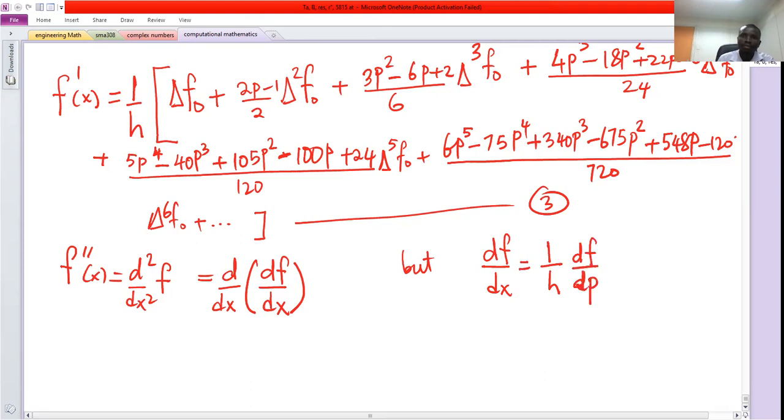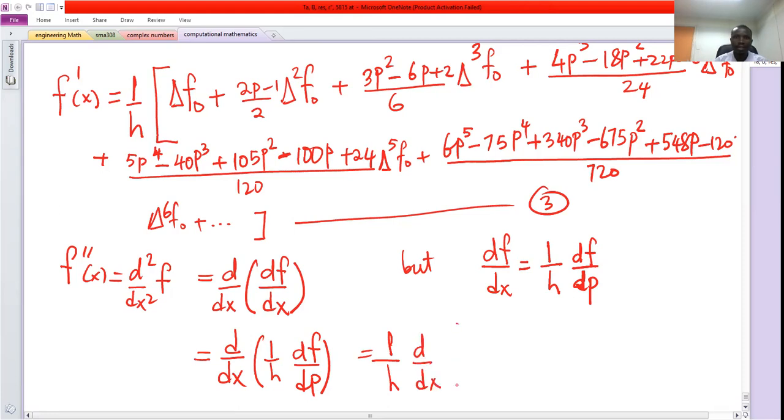So where there's df dx here, I can replace it by 1 over h df dp. So I'll have d dx of 1 over h df dp. 1 over h being a constant can be taken outside the differential operators. So 1 over h d dx into d dp of the function f.